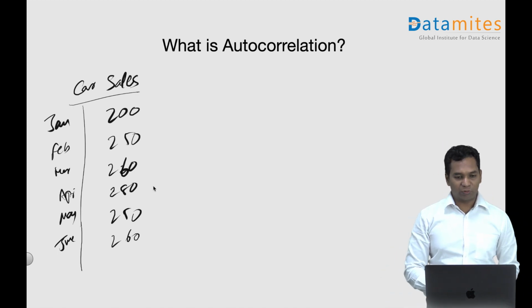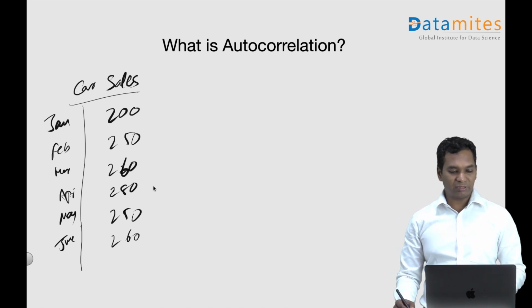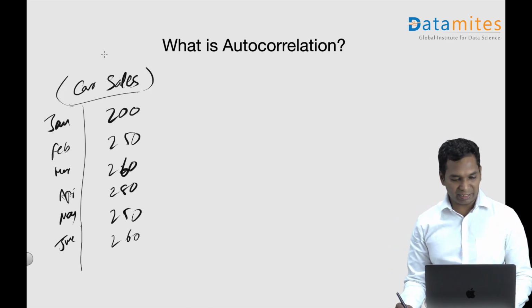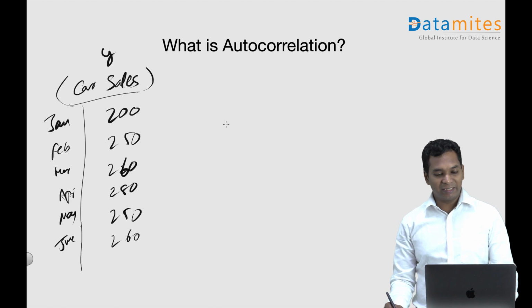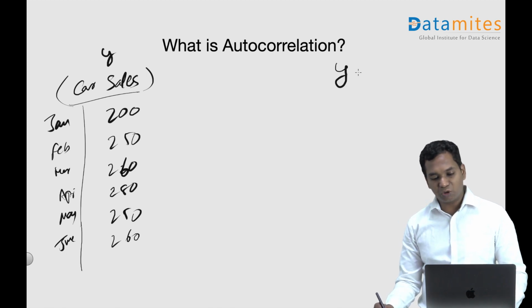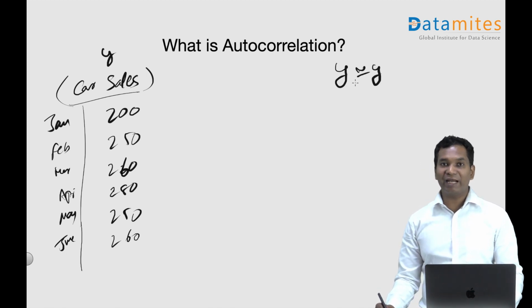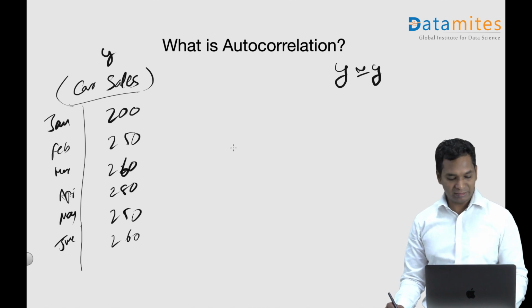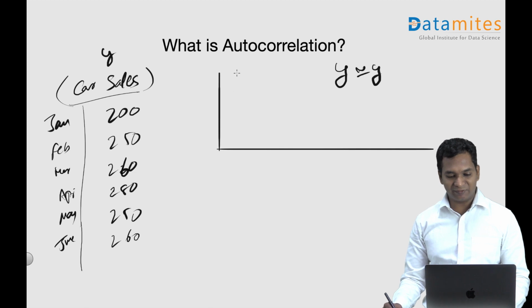Let me call this car sales simply Y, it's easy to represent. If I take the correlation of Y with Y itself, what do you get? You get one, isn't it? So the correlation of Y with Y itself is one. So that forms your first.